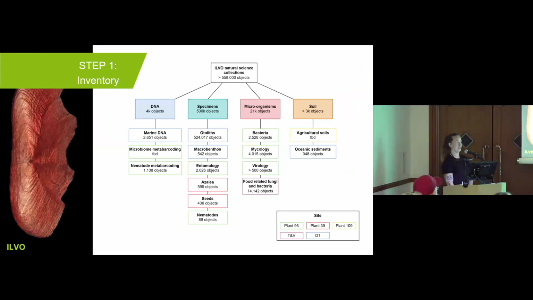In total, we have about 558,000 objects, but almost 95% of those are marine fish otoliths, so one collection. These are used for age determination, and by that to make fish stock assessments of commercially important species. All the other collections are fairly small. We have insects, living plants, sediment, DNA, a bit of everything.